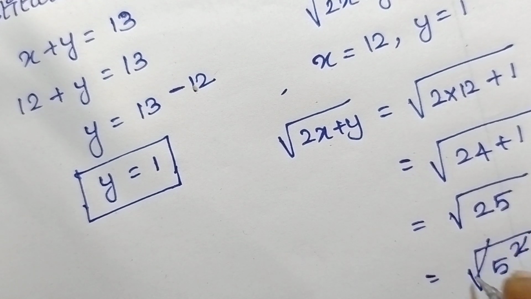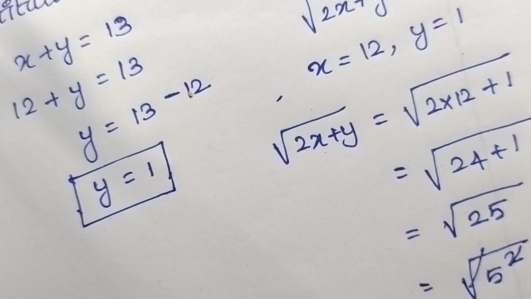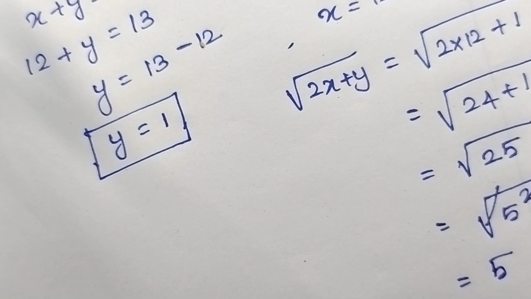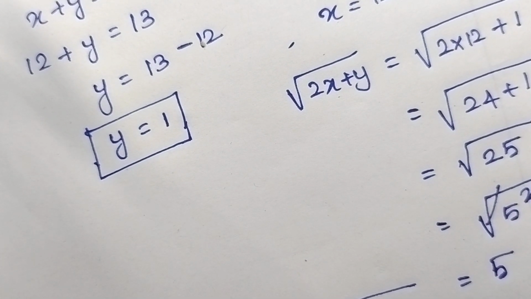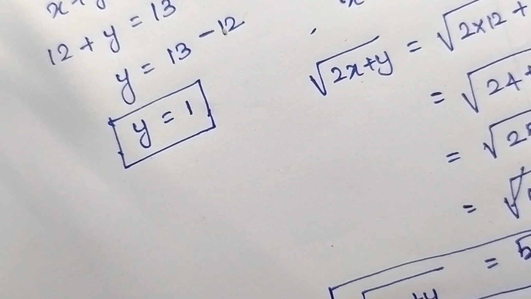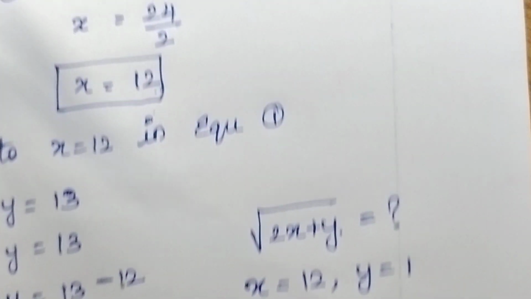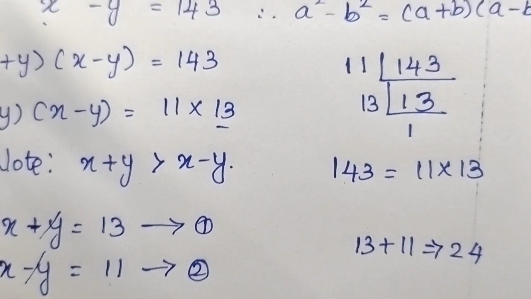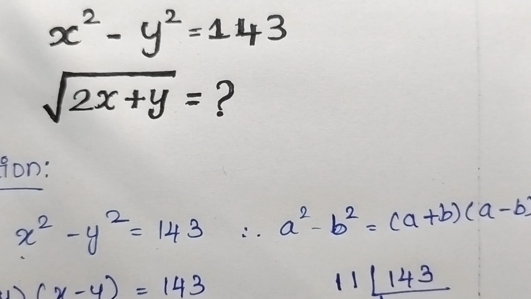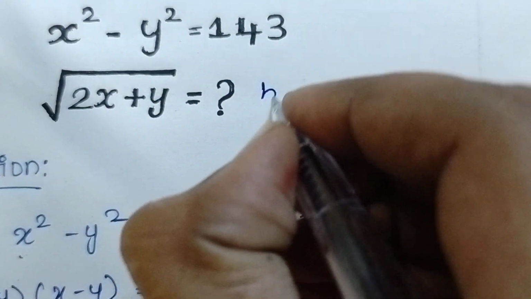The square and the square root get cancelled, therefore it is equal to 5. Therefore root of 2x plus y is equal to 5. So by solving this problem using the hint, we get the answer as 5.